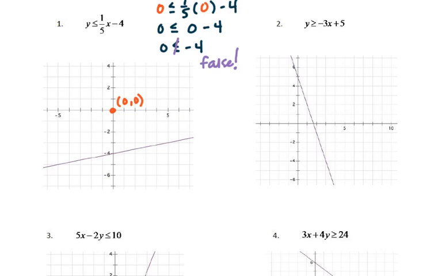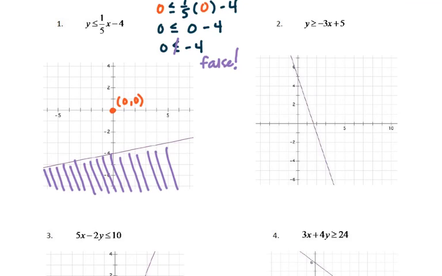So this means we're going to shade below the line, because that's where the true solutions must lie. Again, we plugged in a point, got a false statement, so we can't include that point or that entire region. Thus, it's the other region that contains your solutions.